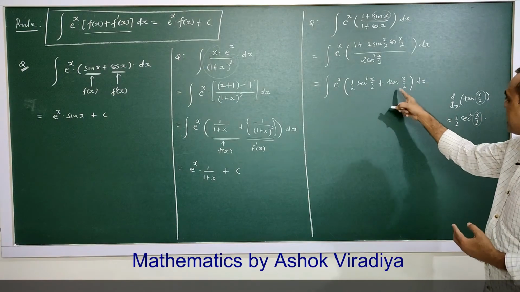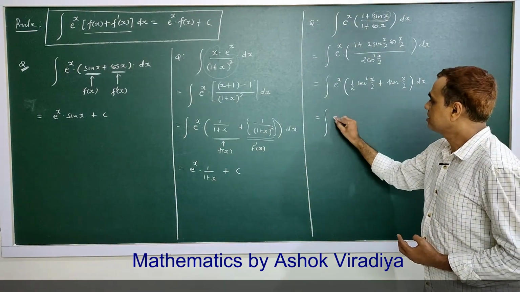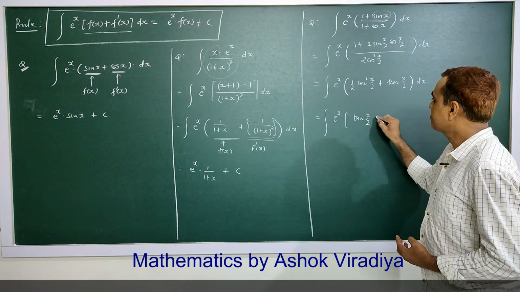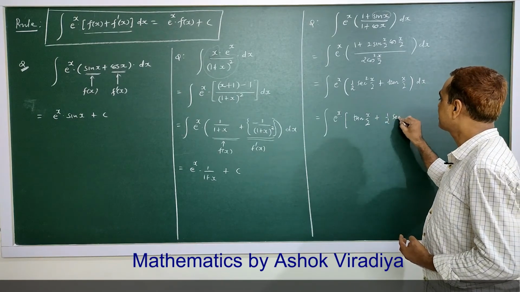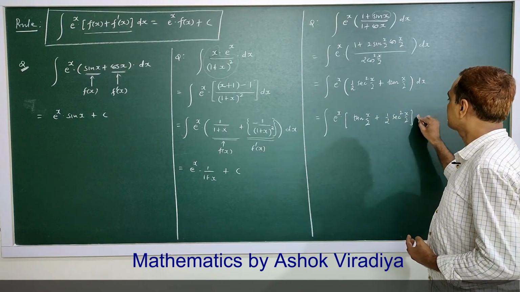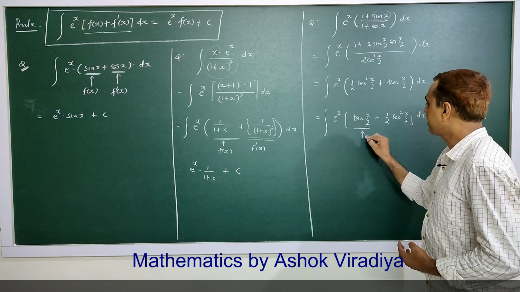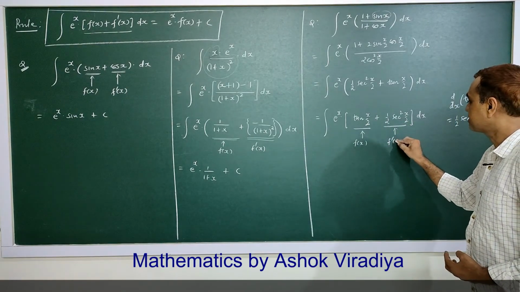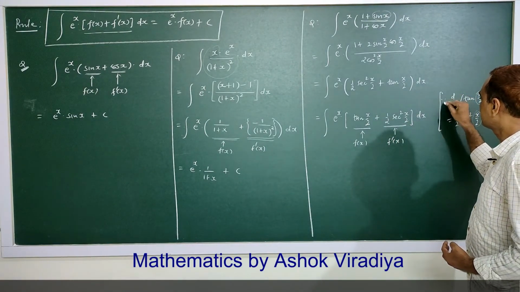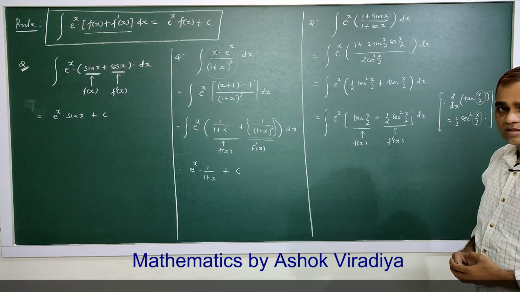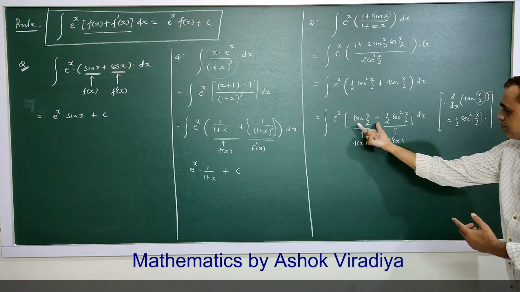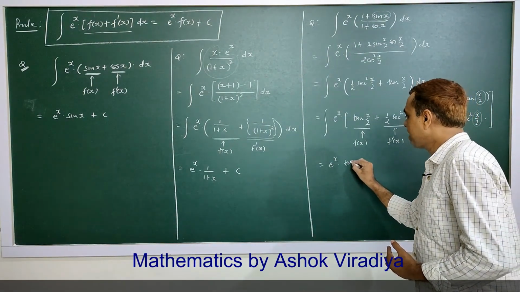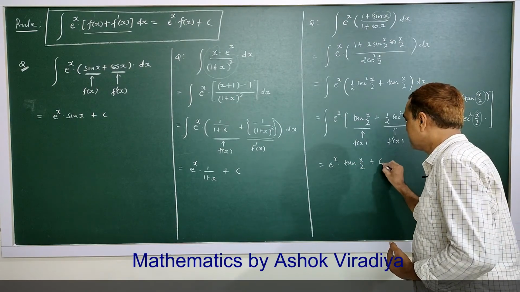So here e raised to x into this part is f(x) and this part is f'(x). This is our f(x), this is its derivative f'(x), you can see here. So e raised to x into (f(x) plus f'(x)) is e raised to x into f(x) plus c.